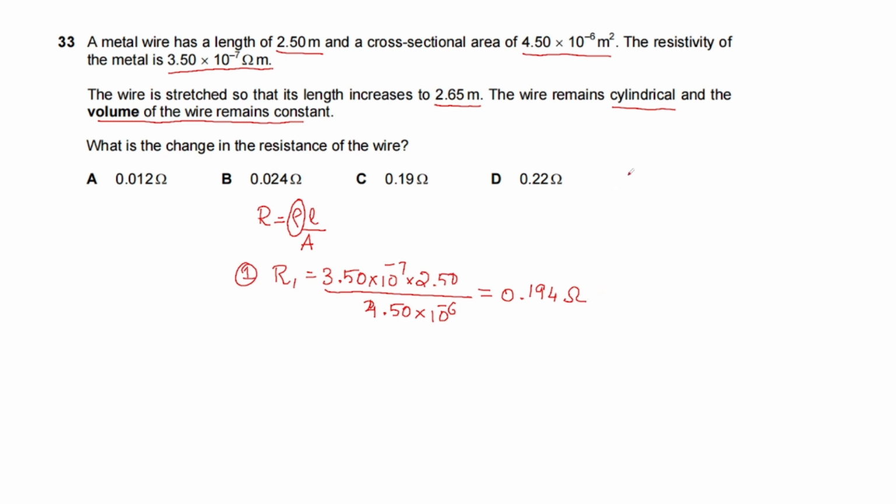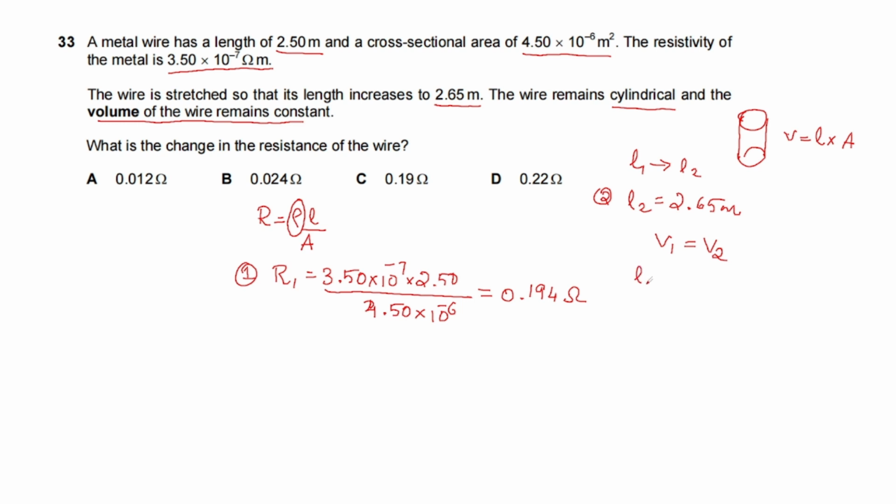Okay, and then we are changing this length L1 to L2. So this is the second condition, and L2 is given as 2.65 meter. Since the wire is cylindrical, you know that the volume is equal to the length multiplied by the area of cross section. As the volume stays the same, V1 is equal to V2.